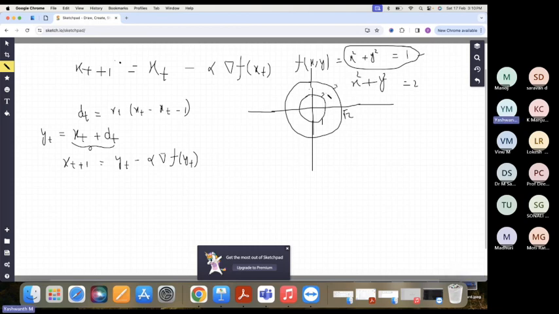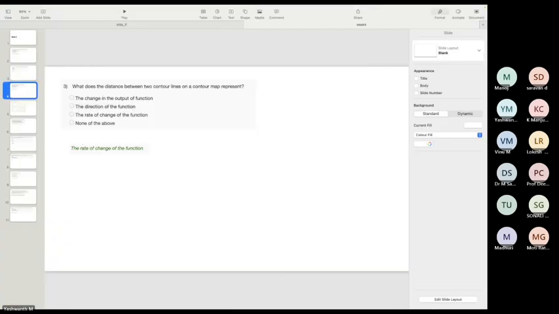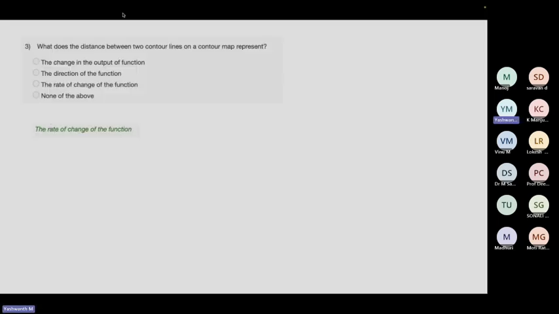They represent the rate at which the function is increasing. So that is the question: what does the distance between two contour lines on a contour map represent? It is the rate of change of the function. Is it clear?